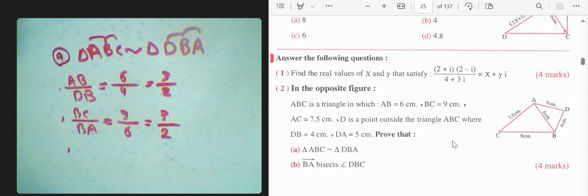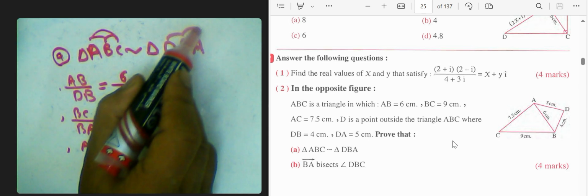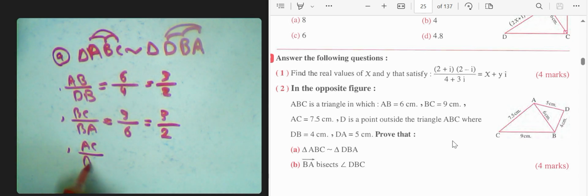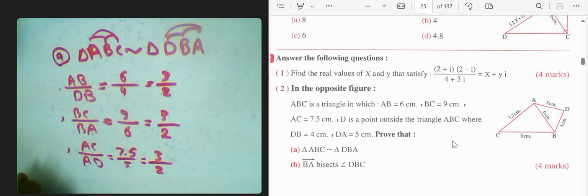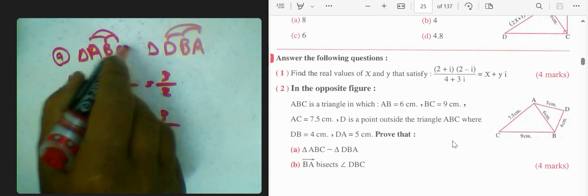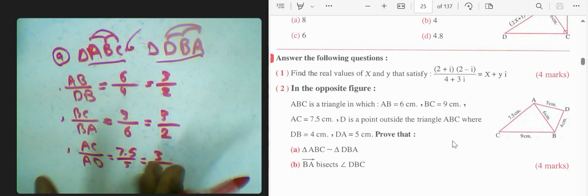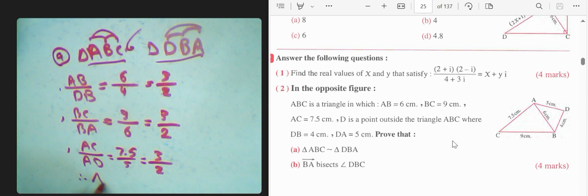And then we can find the ratio between AC over AD. We can write 7.5 over 5. The ratio would be 3 over 2 in the simplest form. Then we have similarity between two triangles, because he gave us two triangles and he wants us to prove the similarity. Then triangle EPC is similar to triangle DBA.